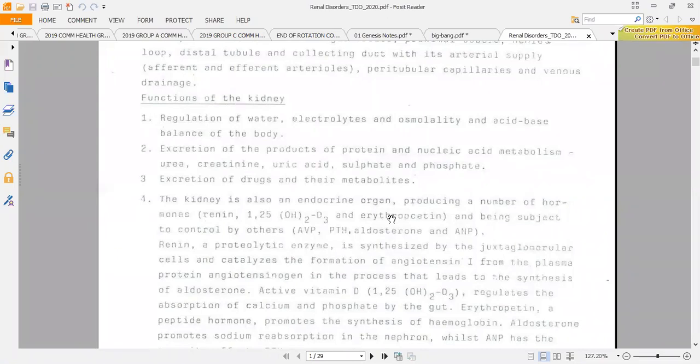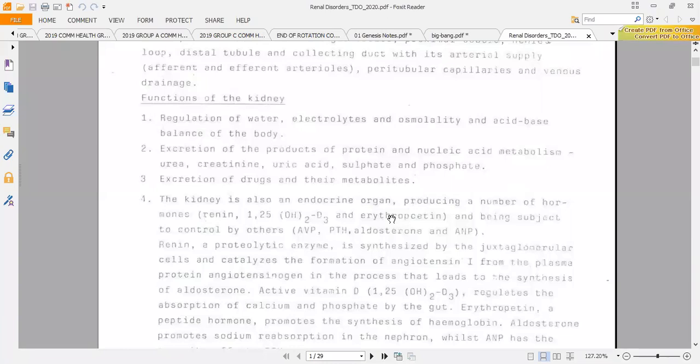We also know that the kidney activates vitamin D. And this is a very important function, activation of vitamin D. We know that activated vitamin D aids in calcium reabsorption. That's why it's called calcitriol. It's for calcium metabolism, calcium absorption and regulation. And then the next thing the kidney produces is renin.